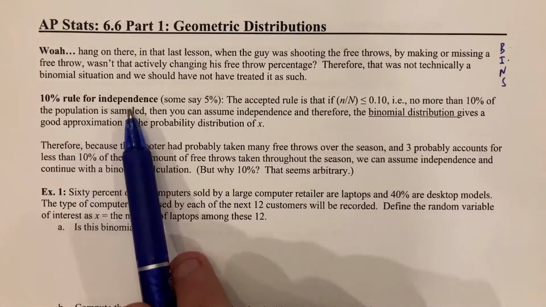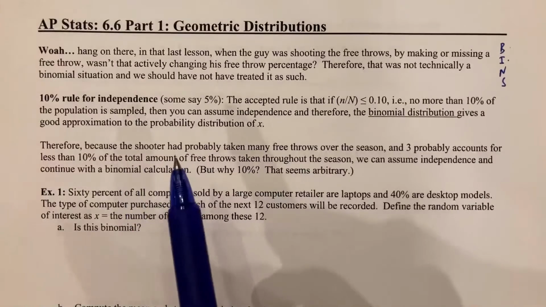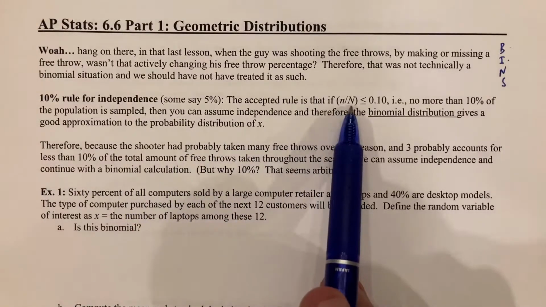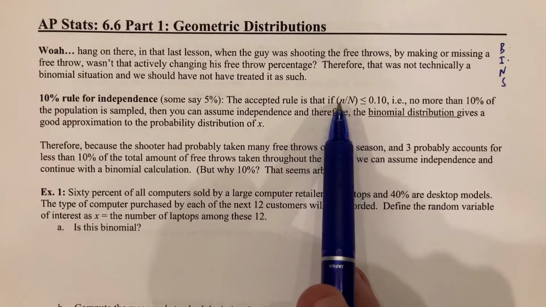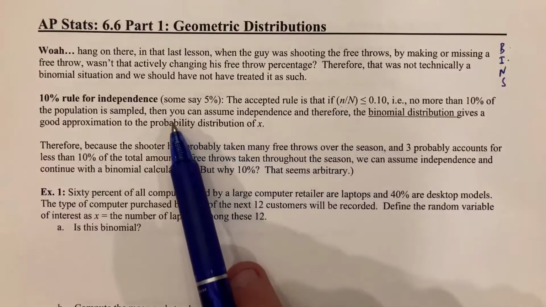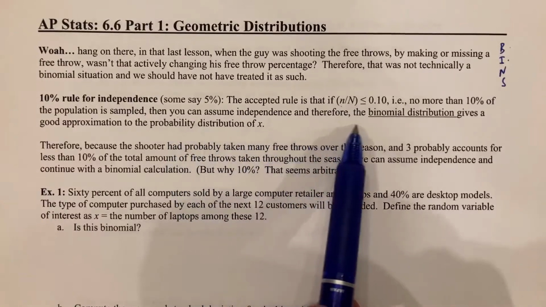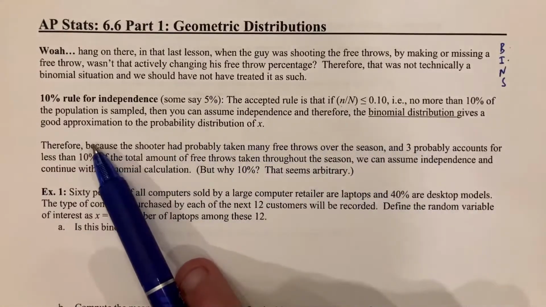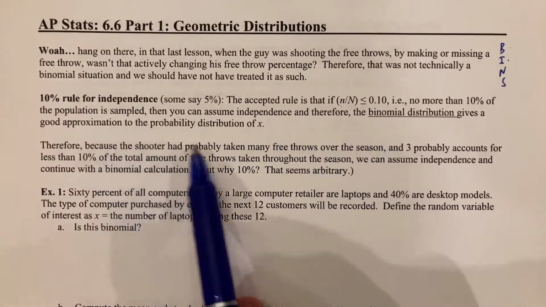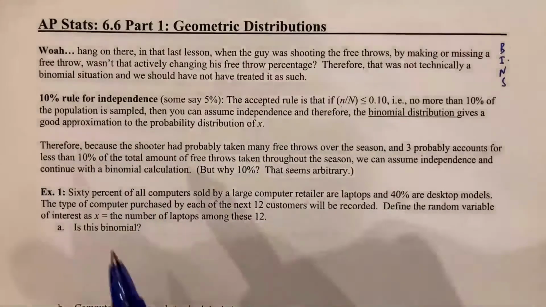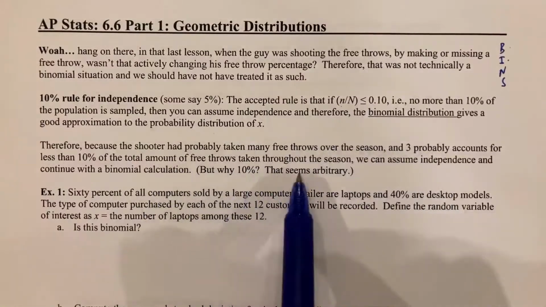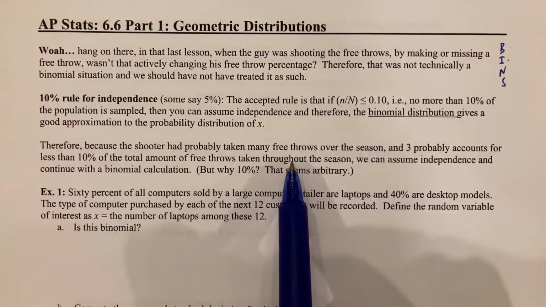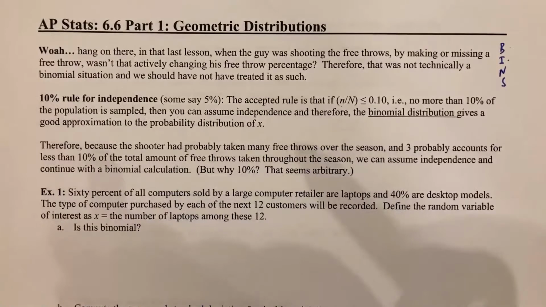So if n is less than 10% of the population, that's n divided by big N, sample size versus population size, little n versus big N, you can assume independence, and therefore the binomial distribution gives a good approximation to the probability distribution. Because the shooter had probably taken many free throws, we can assume independence. Go ahead and read that.